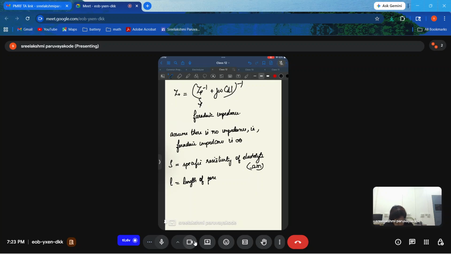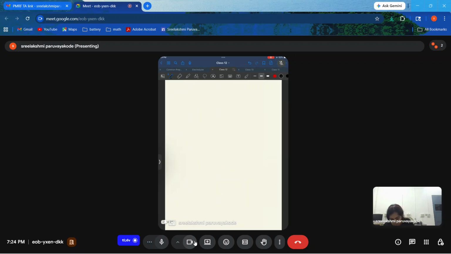Then the length of the pore, and the radius of the pore. Okay, I hope this is clear. We're considering a small channel, so it has a radius r and length L, and the specific resistivity of the electrolyte is rho.